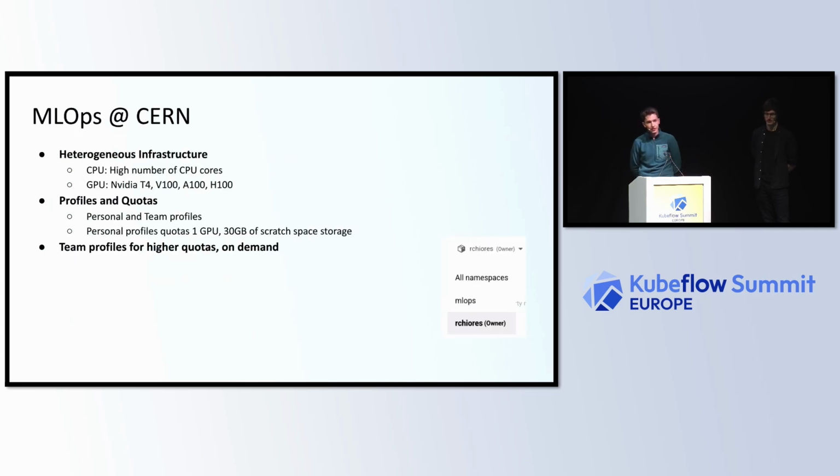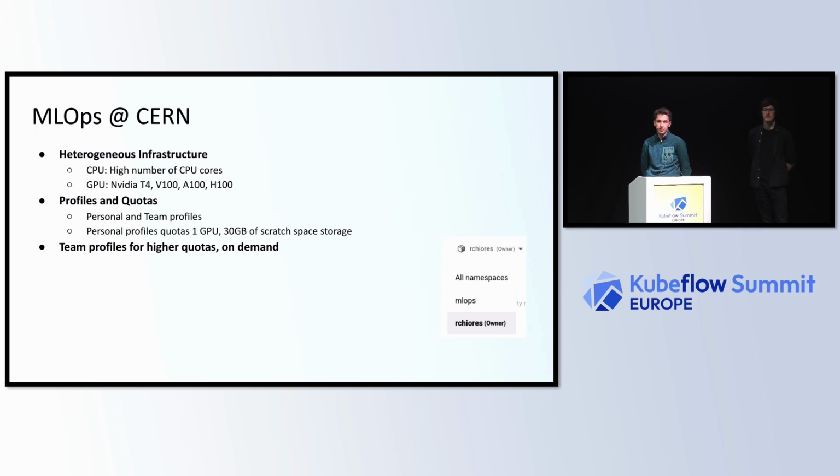Our infrastructure for the ML platform based on Kubeflow is quite heterogeneous. We have a high number of CPU core nodes. We have a few T4s that are good for notebooks, V100s, A100s, H100s, and soon to be AMD GPUs, as well as maybe some ARM devices as well. In terms of profiles and quotas, we provide users with personal profiles.